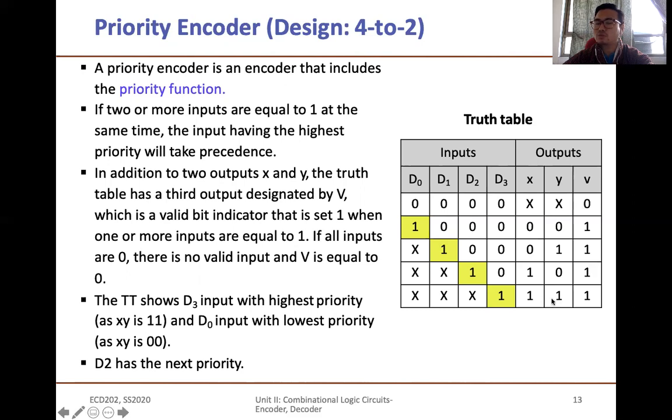So the output will be displayed for D3 instead of D0. Now if D0, D1, D2, D3 are all high, the first output displayed will be D3, then D2, D1 and D0.